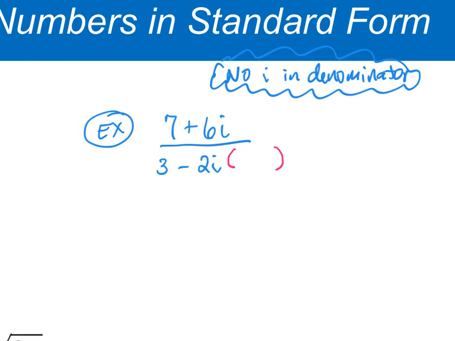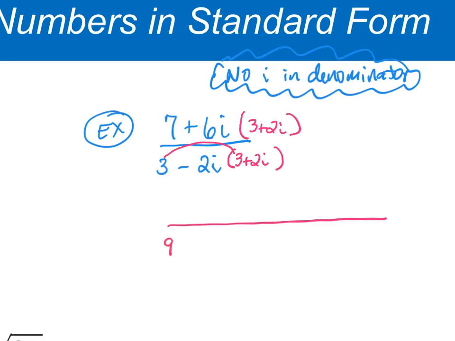What's the complex conjugate of 3 minus 2i? 3 plus 2i. And what you do to the bottom, you do where? To the top. So in division, you multiply by the complex conjugate, and then you have two big foiling problems. That's it. I'm going to work with the denominator first. What is 3 times 3? 9.